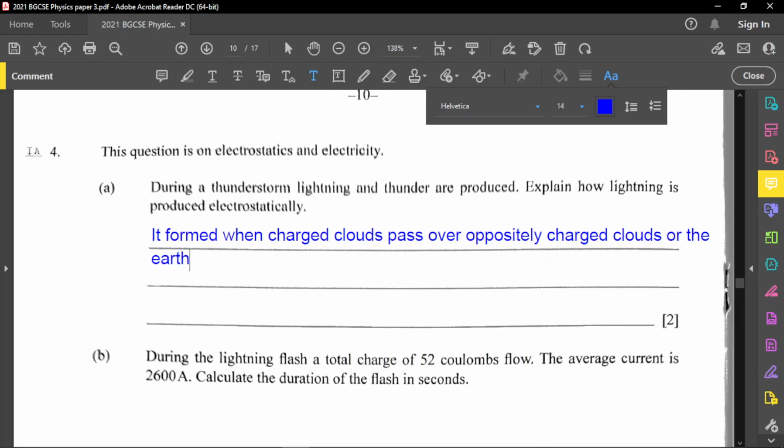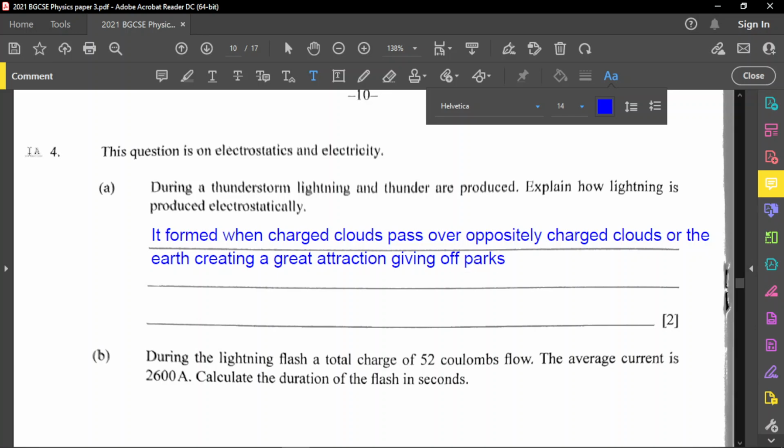Okay, because the earth will also have a charge, and so they have opposite charges, creating a great attraction, giving off or producing sparks.